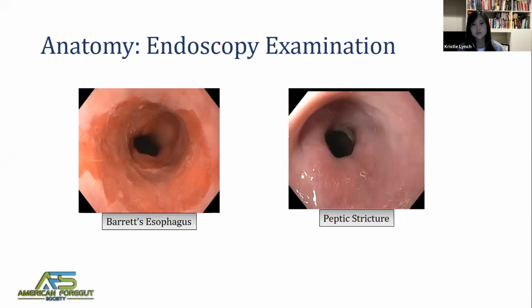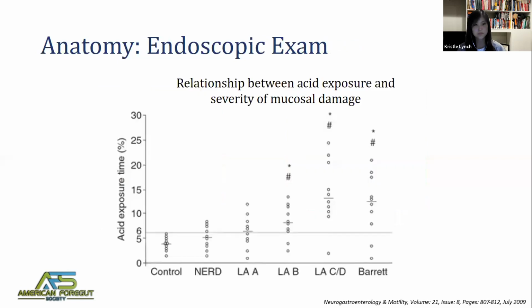What else do we look for in endoscopy? Of course, Barrett's esophagus, as well as peptic strictures, both of which are highly concerning for uncontrolled acid disease. We know that the relationship between acid exposure and the severity of mucosal damage is clear in multiple studies. This is one such study from 2009.